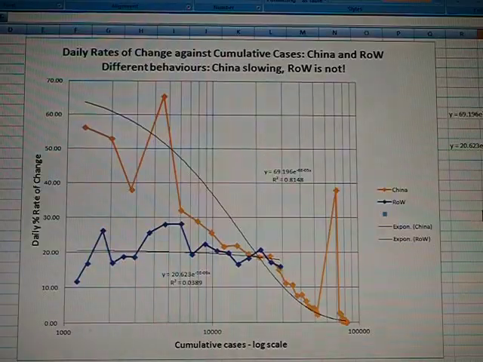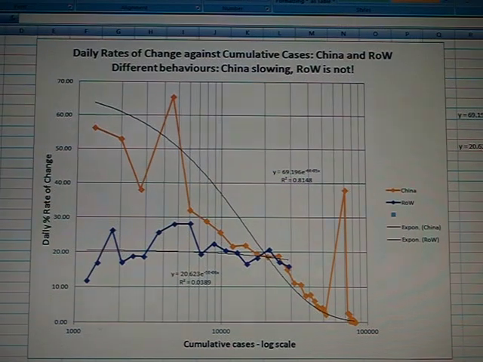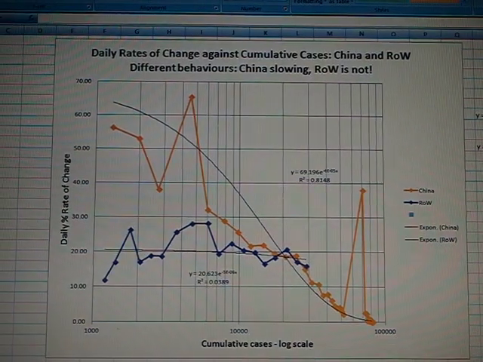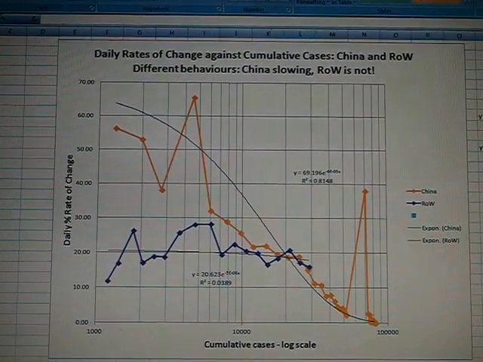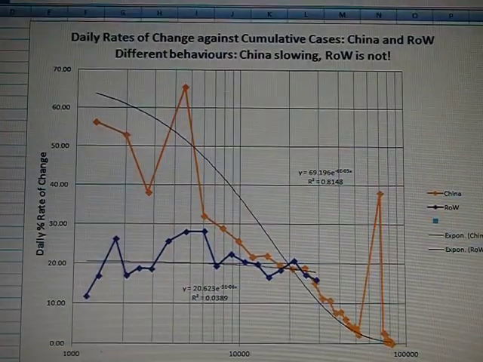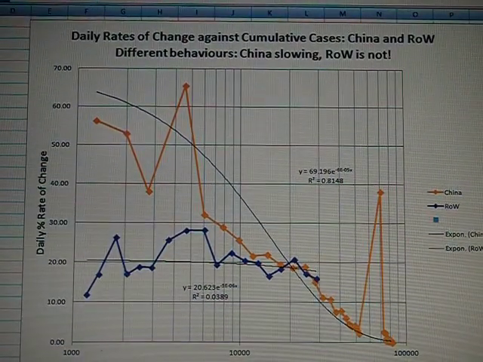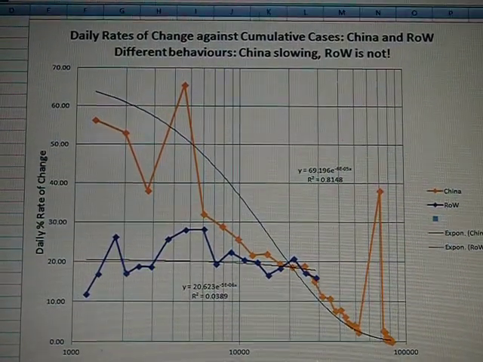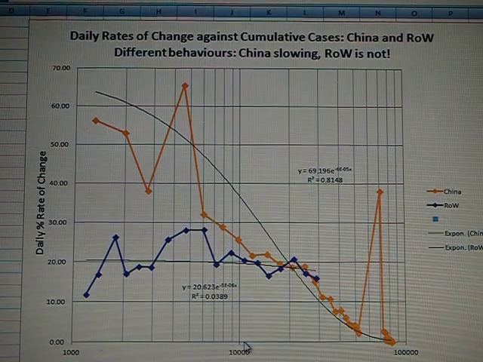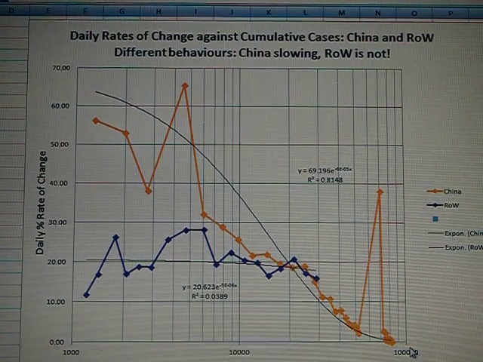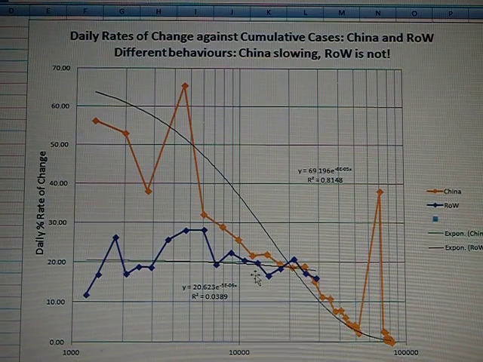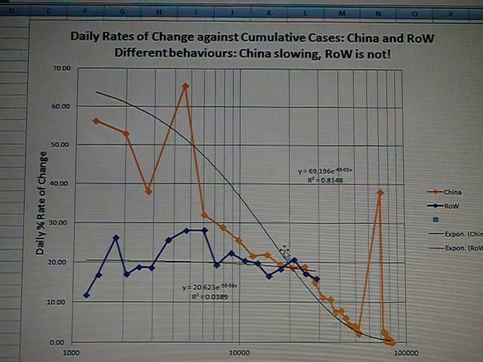And this is really the kind of pandemic smoking gun chart, if anyone was. Now what you've got here is the daily rate of change plotted against the current number of cases. So you've got 1,000, 10,000, 100,000. Yellow line is China. The purple line is the rest of the world.